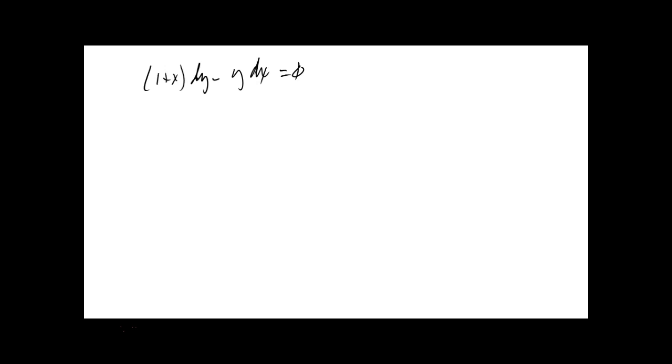Okay? Now, what you want to do is separate and get all of one on one side and all of the other. So let's at least get our dy's, leave it on this side, 1 plus x dy, and add this y dx to the other side, and you have this equal to y dx. Okay?